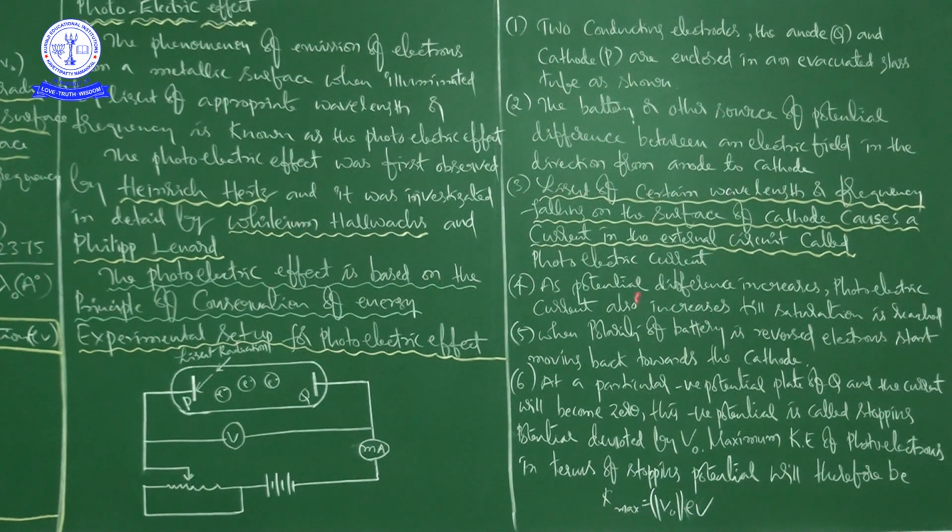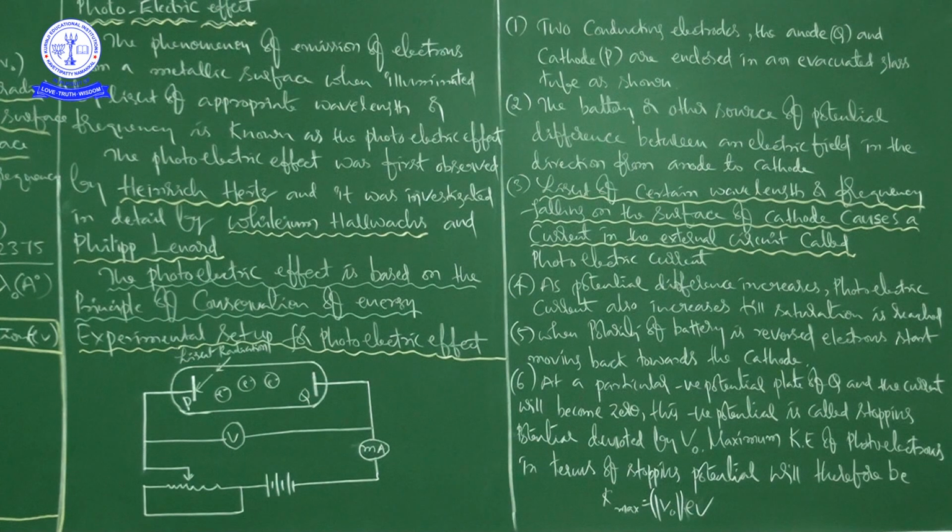Next, third point. Light of certain wavelength or frequency falling on the surface of the cathode causes a current in the external circuit, called photoelectric current, sometimes photocurrent also.